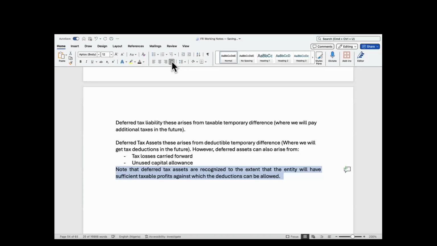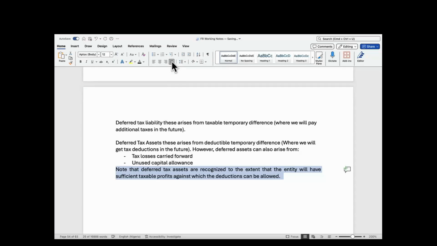Yes, you are saying you have an expectation that you would have a tax deduction in the future, but will you have the sufficient profits in the future against which that deduction can be allowed?